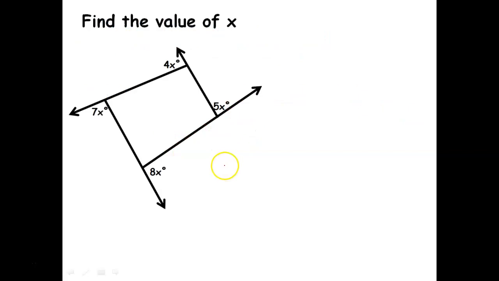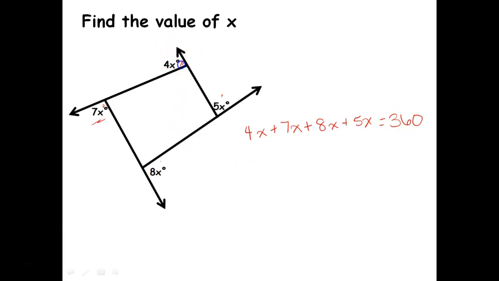All right, so here I want you to find the value of x. Again, I told you that the exterior angles of a polygon add up to equal 360. The sum of exterior angles is 360. So that means this angle, which is 4x degrees, plus this angle, which is 7x degrees, plus 8x degrees, plus 5x degrees adds to equal 360. Okay, this is a difference.